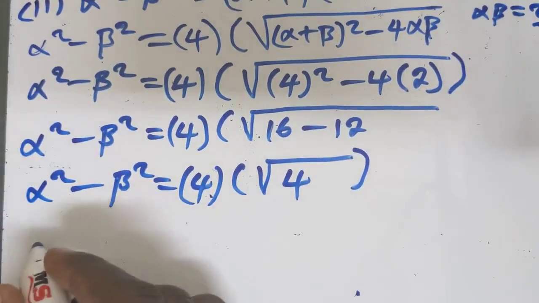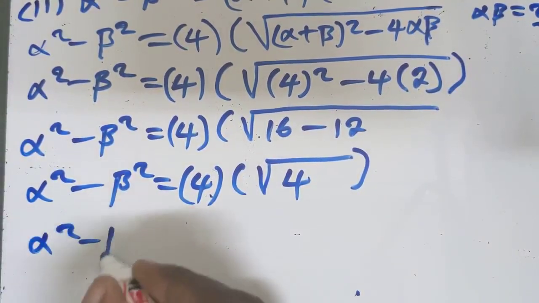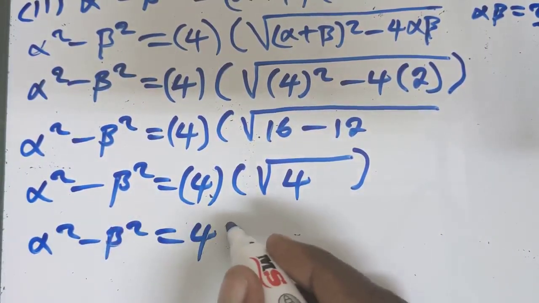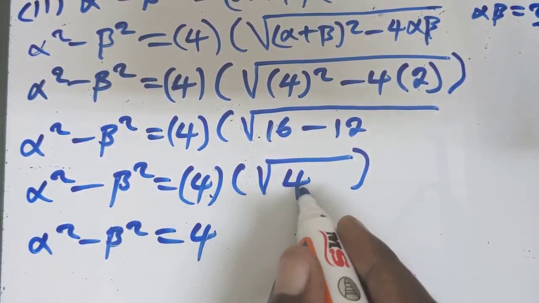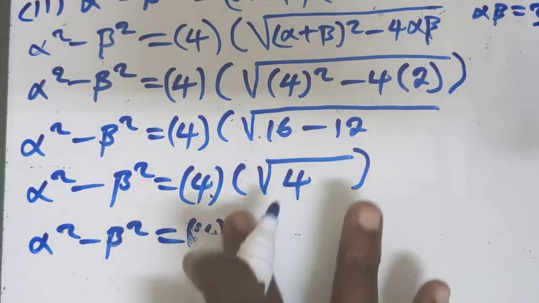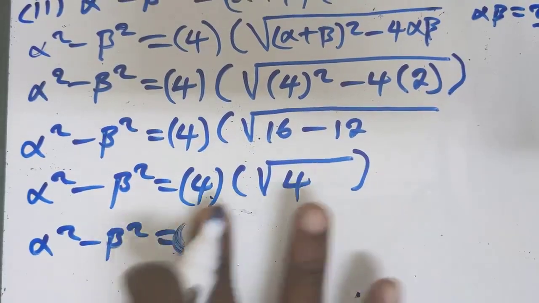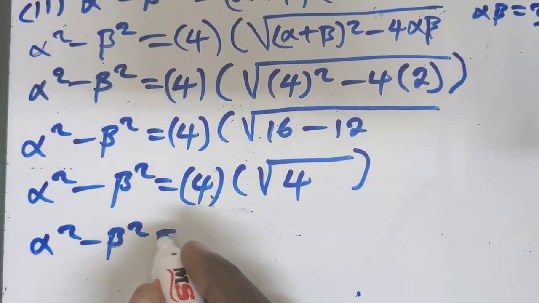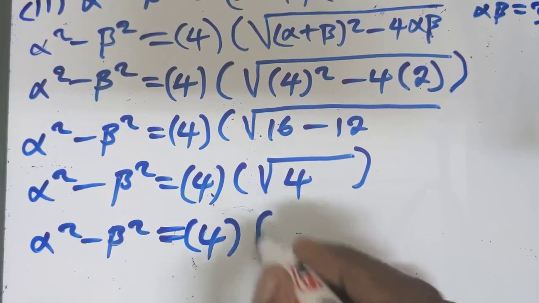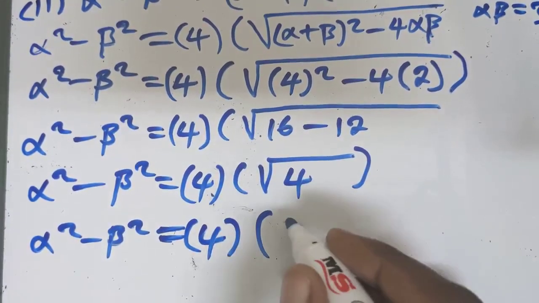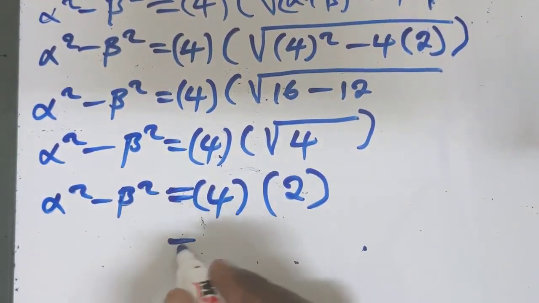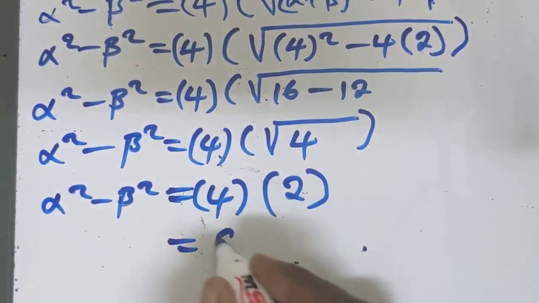So now you know alpha squared minus beta squared is equal to 4 multiplied by the root of 4. This is just multiplication. So this equals 4 multiplied by, what is the root of 4? The root of 4 is 2. So this is just 4 times 2. It is 8.